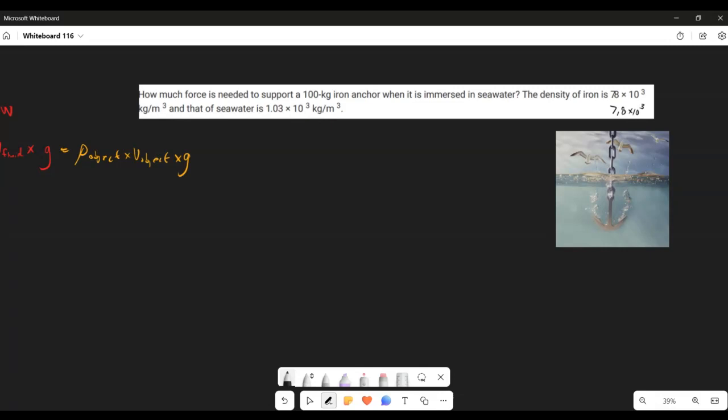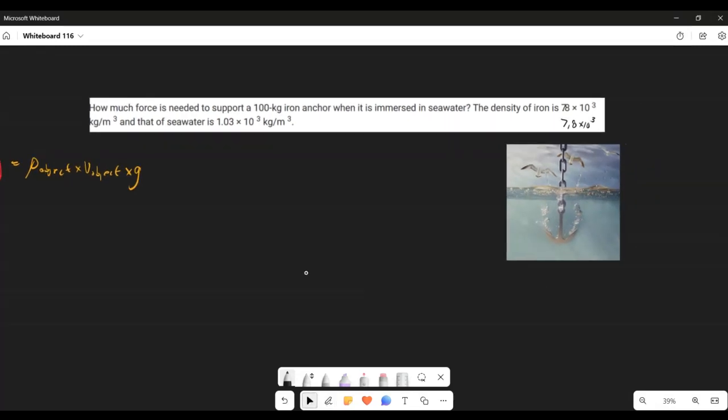It must be equal to 0, I think. No, not 0. Guys, look at the densities. Okay, so I'm going to help you here.